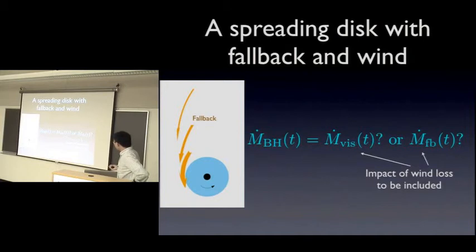And of course, there's a complicating factor, which is that the disk is going to launch wind loss, and the wind loss is going to affect how the viscous spreading accretion rate evolves. This will be addressed momentarily in a later slide.